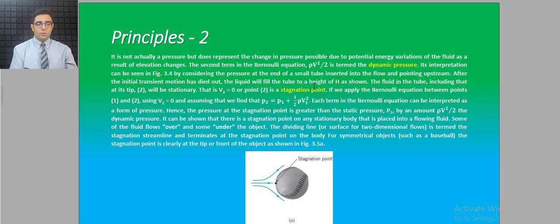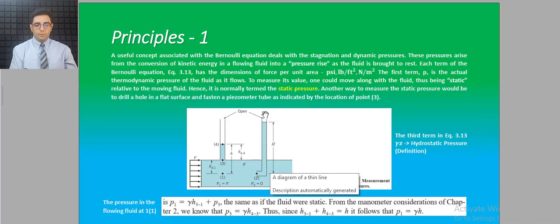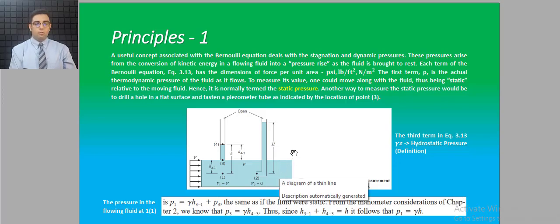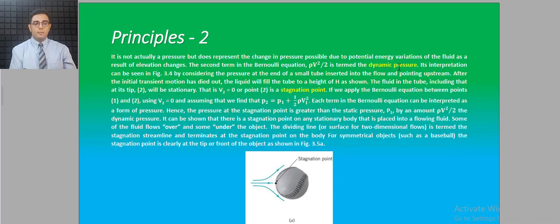When it goes up to the height h, we can have the p here as P1 plus 1 over 2 rho V1 to power 2, which is regarded as dynamic pressure.